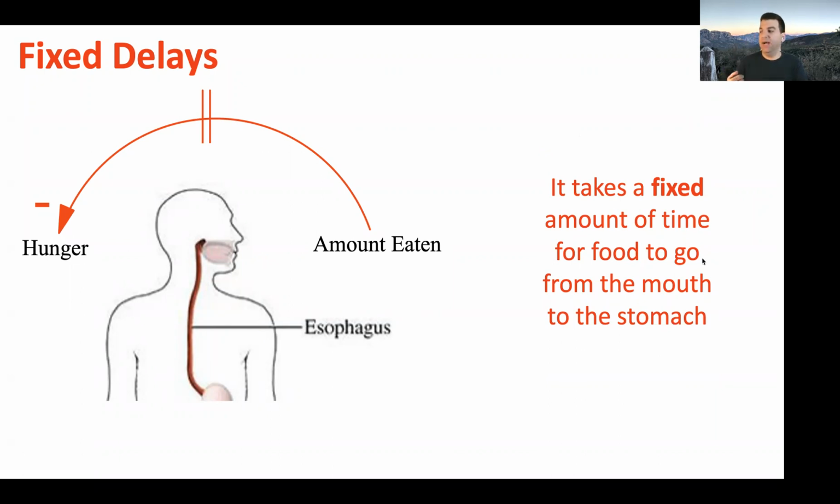And that's what we mean by a fixed delay. It generally takes, I don't know, 3 seconds for food to get from the mouth to the stomach. And so in some ways that's an easier kind of delay to worry about, regardless of what type of food or how big the food is or anything like that. If you get a certain amount of food, that certain amount of food will hit the stomach in its full form after a fixed time period.